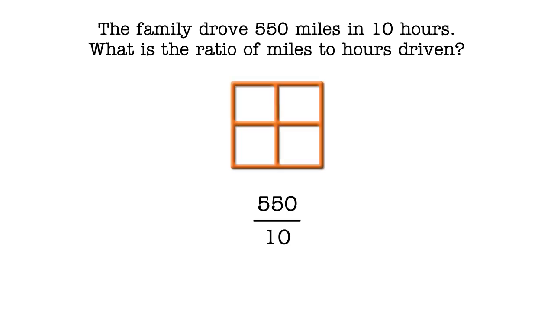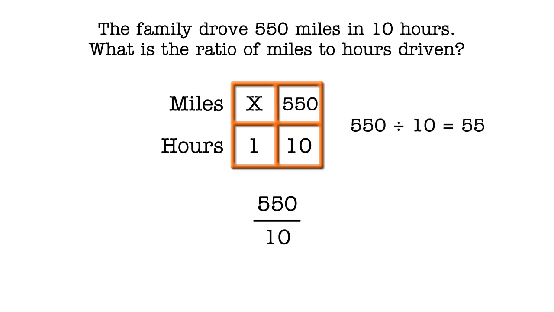First, we enter 1 and label it hours, since we want to know how many miles they drive in 1 hour. We don't know how many miles are driven in 1 hour, so we enter an X here. We know that in 10 hours, they drove 550 miles. When we solve, we find that they drove 55 miles in 1 hour. So the ratio of miles to hours driven is 55 to 1.